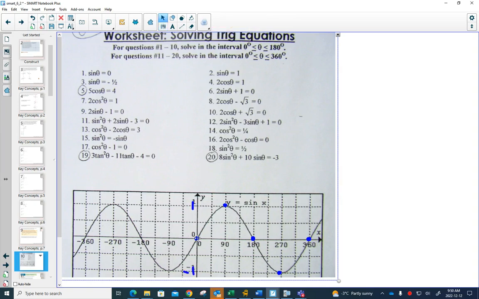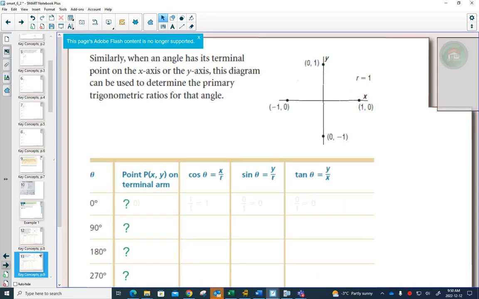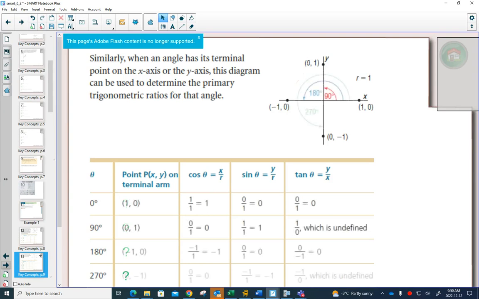We did that using the definition that cos is x over the radius, sine is y over the radius, and tan is y over x.